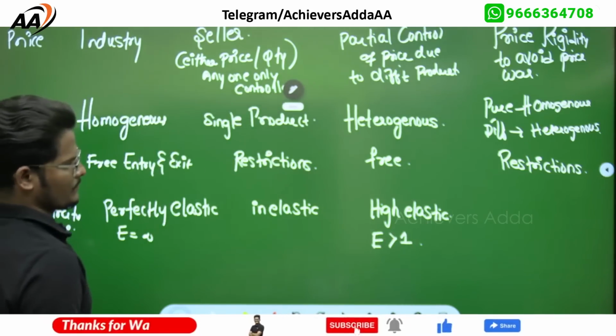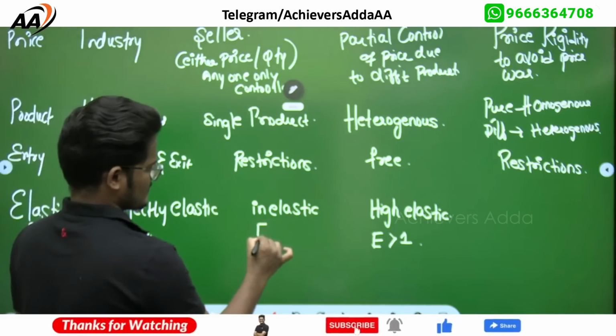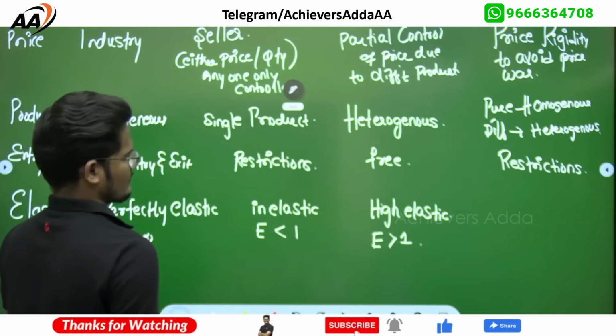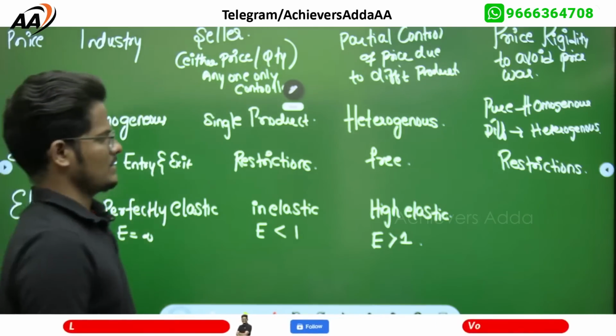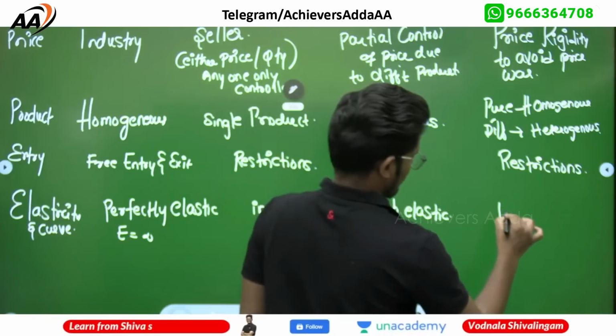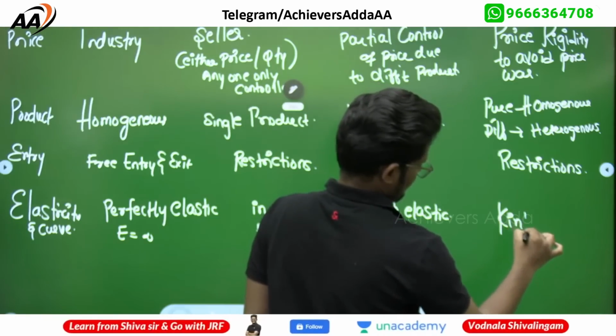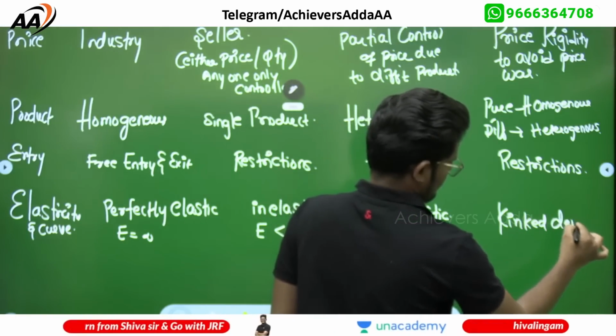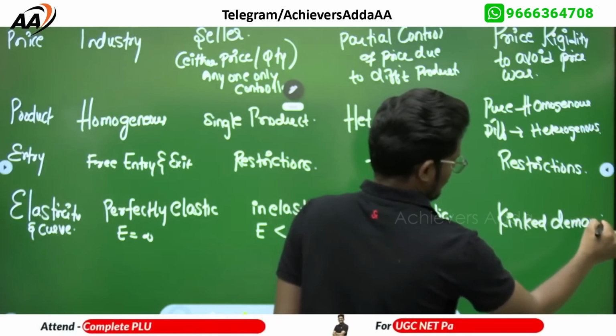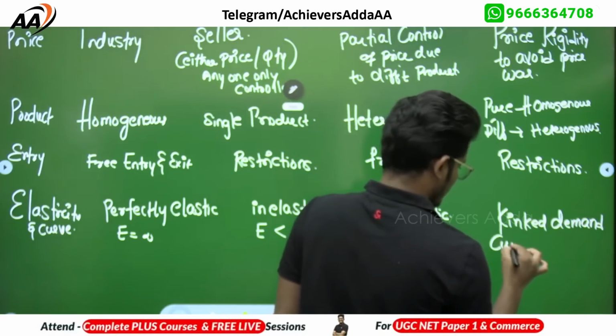More than 1, and this is E less than 1, inelastic. Whereas in this kinked demand curve, given by whom?